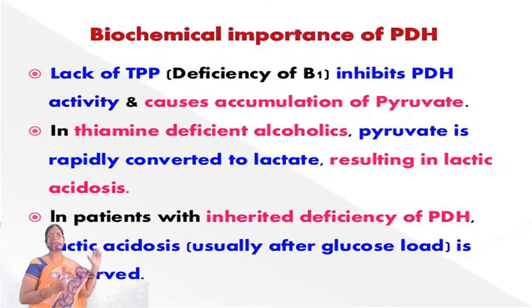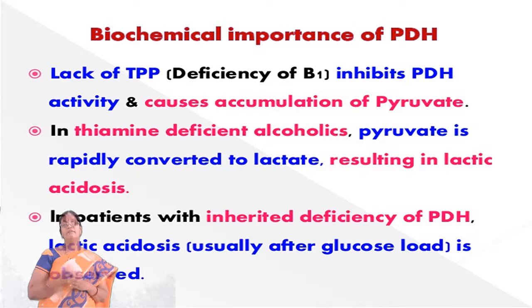Now we will see the other properties. Lack of TPP, that means thiamine pyrophosphate, the coenzyme or the cofactor which is required for the second enzyme, inhibits PDH activity and causes accumulation of pyruvate. So once the pyruvate is accumulated, what will happen? It shows feedback inhibition.